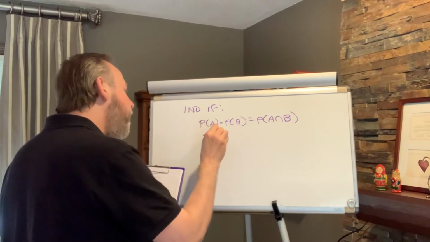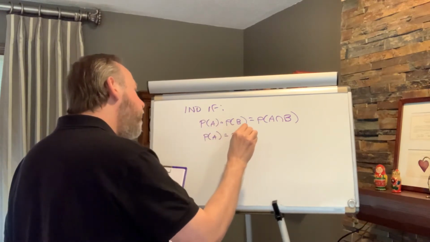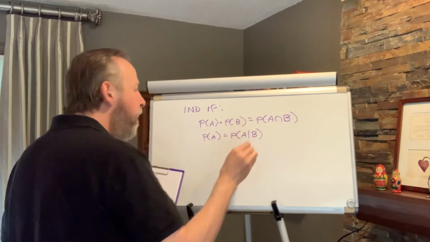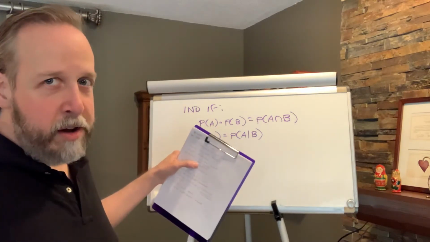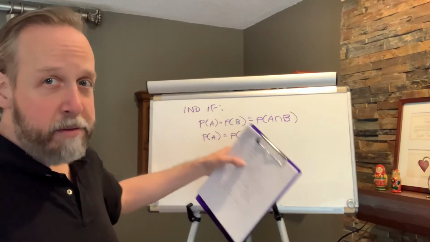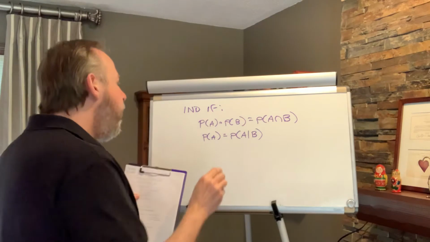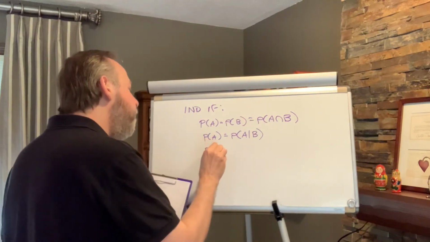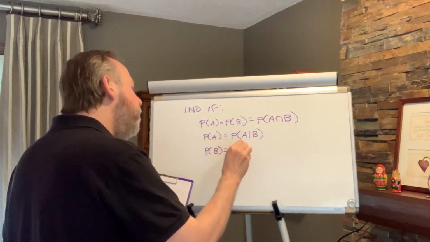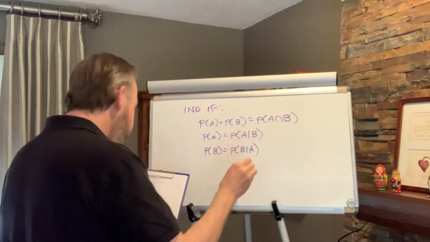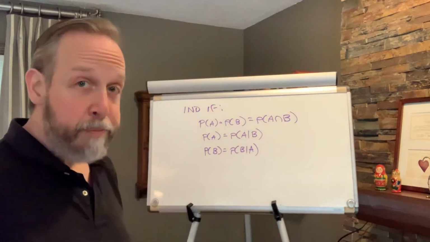Also, if P of A is equal to P of A given B, which means the probability of the event occurring doesn't change whether or not the other event had occurred. And in the other direction, P of B equals P of B given A. It's the same thing, really.